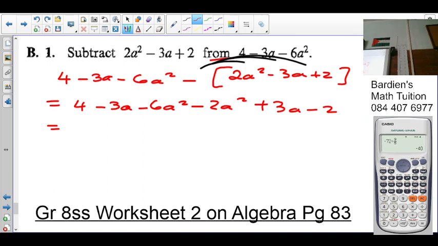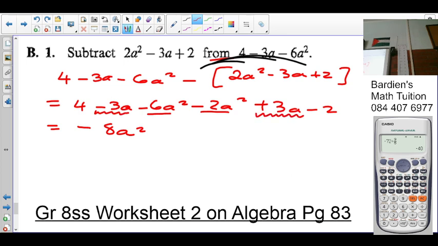What do I look for now? Like terms. So negative 6a squared minus 2a squared is what? Negative. Are the signs the same? Yes. So I must add the numbers. So it's minus 6 plus 2 is 8a squared. Negative 3a and positive 3a.